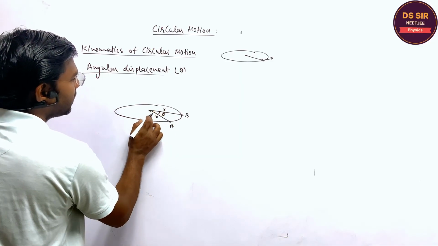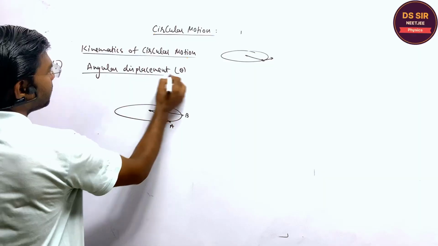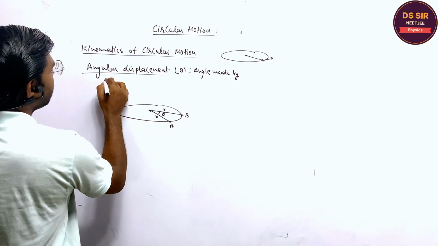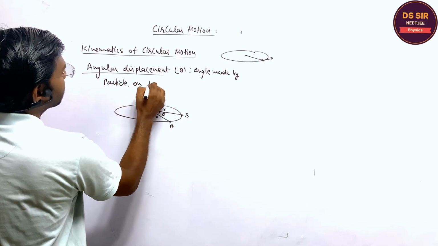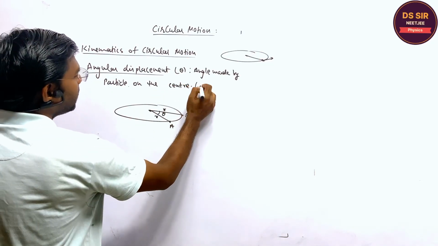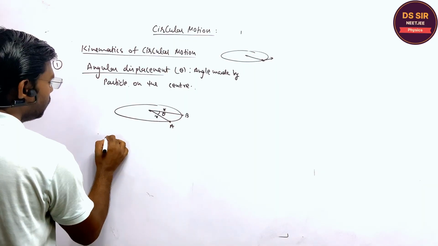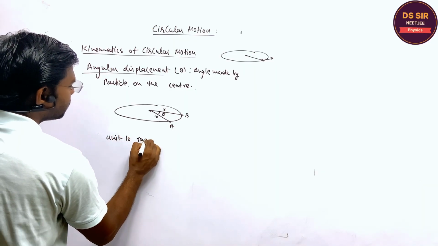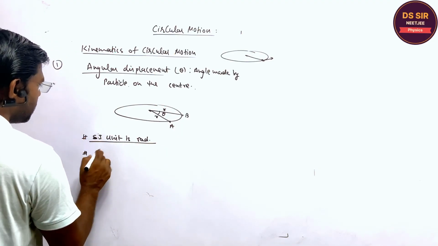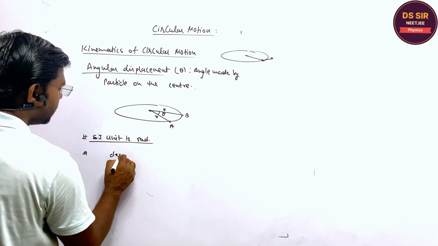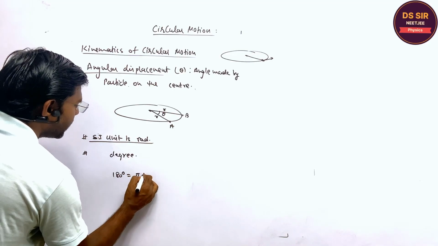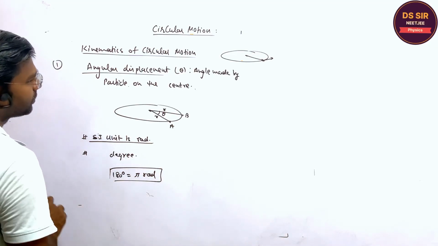If this is the radius R and R, the angle made by the particle at the center is the angular displacement, represented by theta. Are you getting it or not? What is the unit? The SI unit is radian. The other unit is degree. And what is the relation? 180 degrees is equal to pi radians, you have to remember. Is it clear or not?